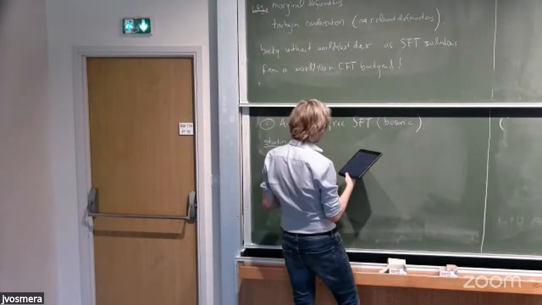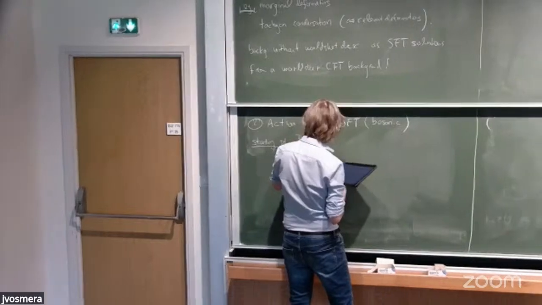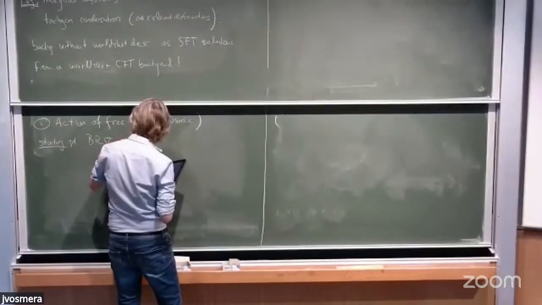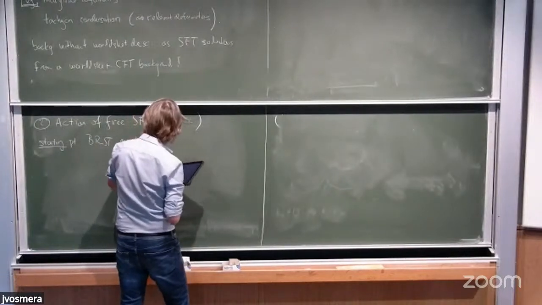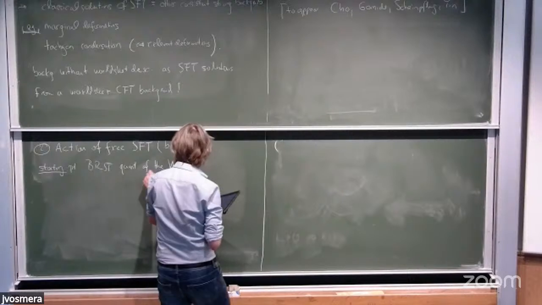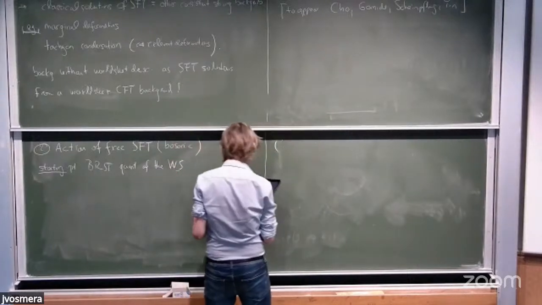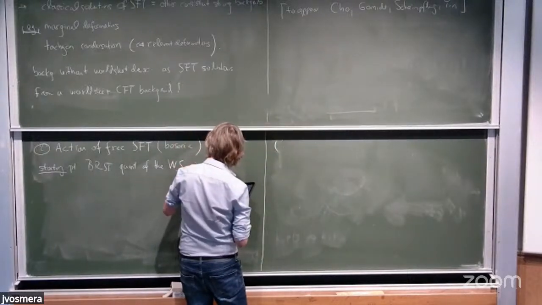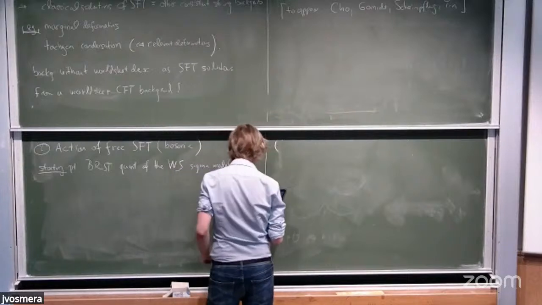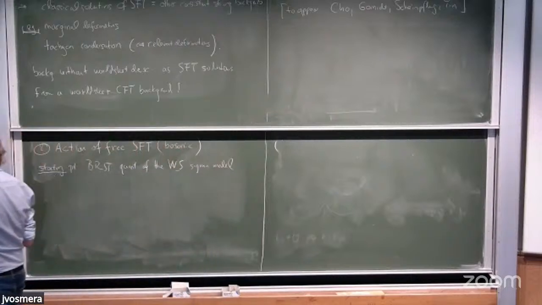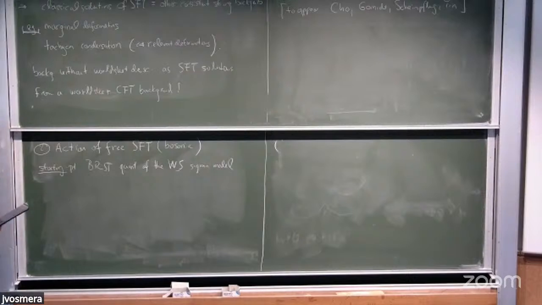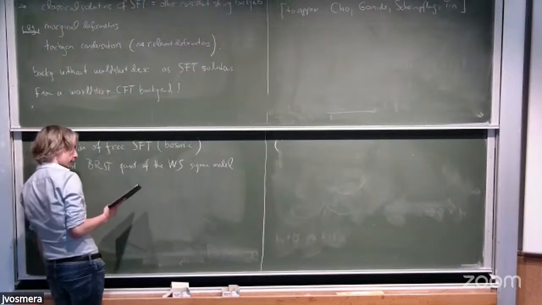So the starting point for us will be the BRST quantization of the worldsheet sigma model. WS will be just the worldsheet. For that, we need to choose a consistent background on which the string propagates.